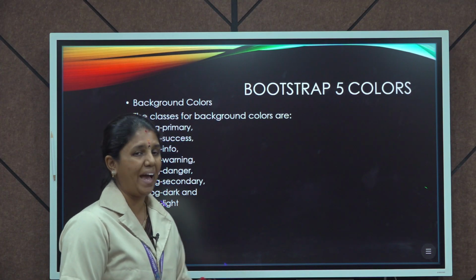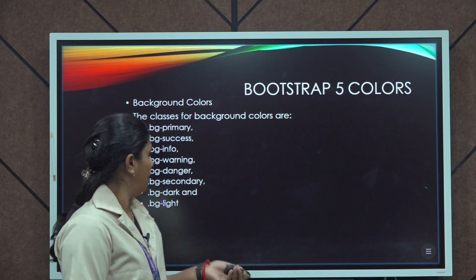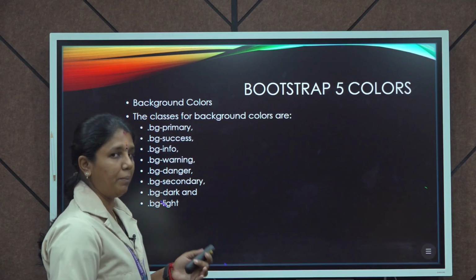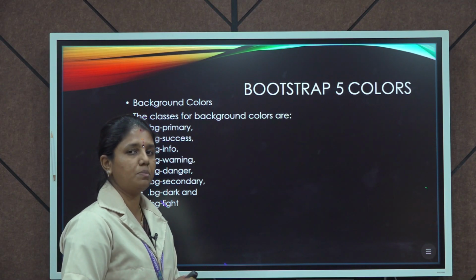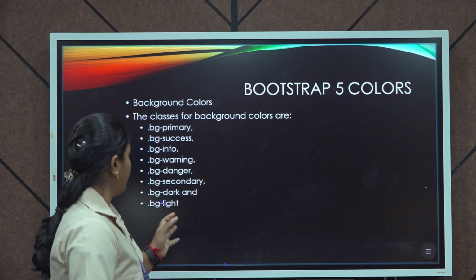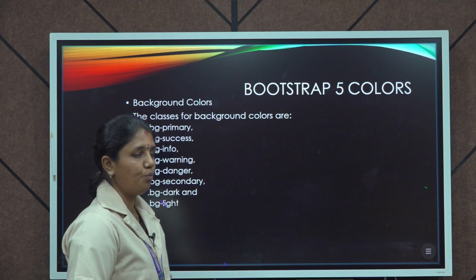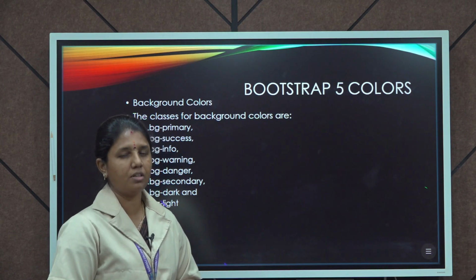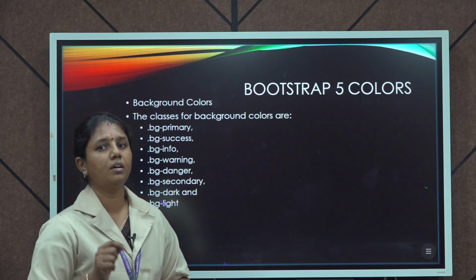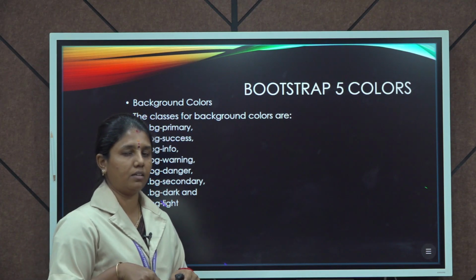And these are the background colors we are using in Bootstrap, which means bg-primary. For primary colors we are mentioning bg-primary, and for success bg-success, and bg-info for information, for alert messages bg-danger, like that.